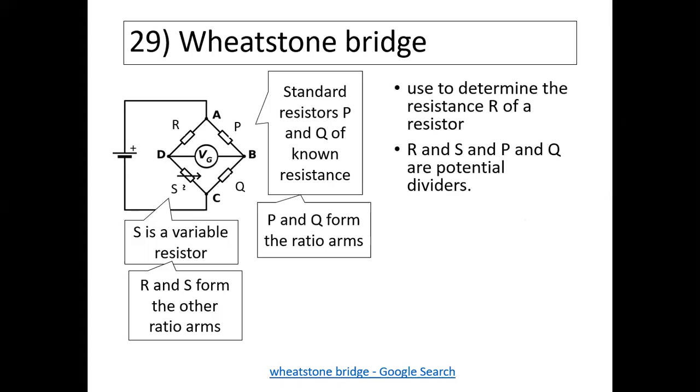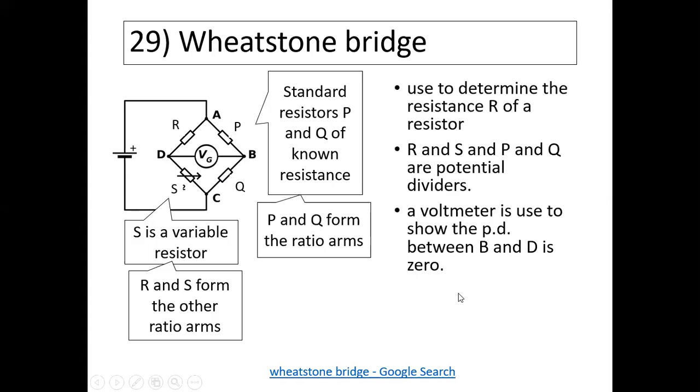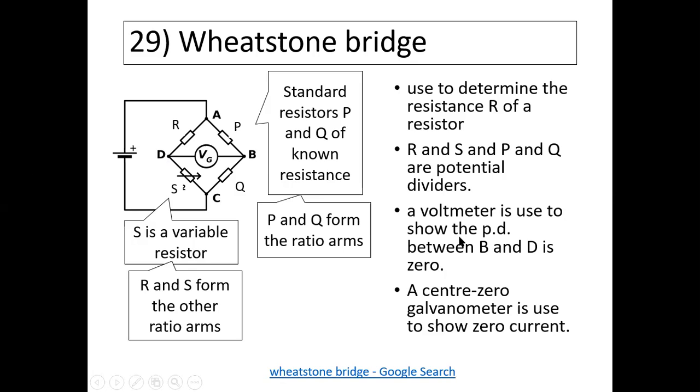So R, S and P, Q are potential dividers. These are potential divider one side. This is a potential divider the other side. And the voltmeter is just to show that there's no potential difference between B and D. It shows 0 voltage, means B and D are at the same potential.